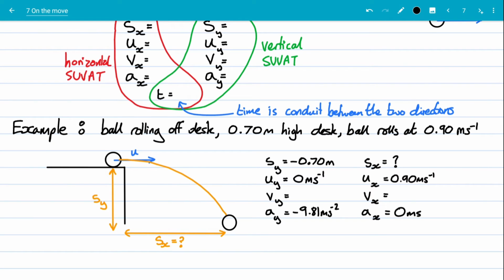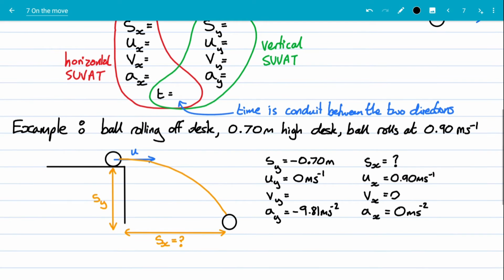This is what makes it a horizontal projection, is that the initial velocity is entirely horizontal, but the acceleration is entirely vertical. And so we could use the no t equation to calculate v. a is 0, so u squared is just v squared, so u is just v, and we know that that must therefore be 0.90 meters per second.